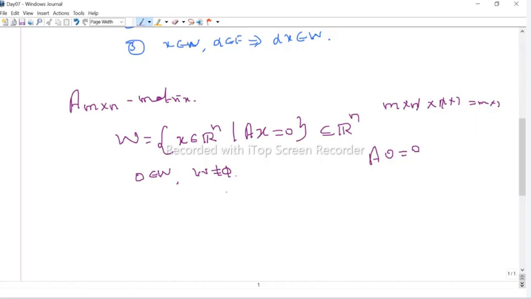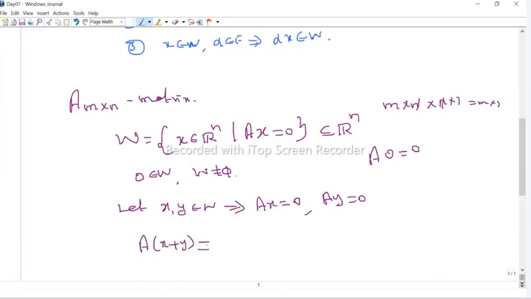Now we have to check whether this is a subspace or not. Therefore, we take two arbitrary elements x, y in W. Since x is an element of W, it is a solution of the system Ax equal to 0, and y is also a solution, Ay equal to 0. Now we have to check that the sum is a solution, that is, whether A of x plus y is 0.